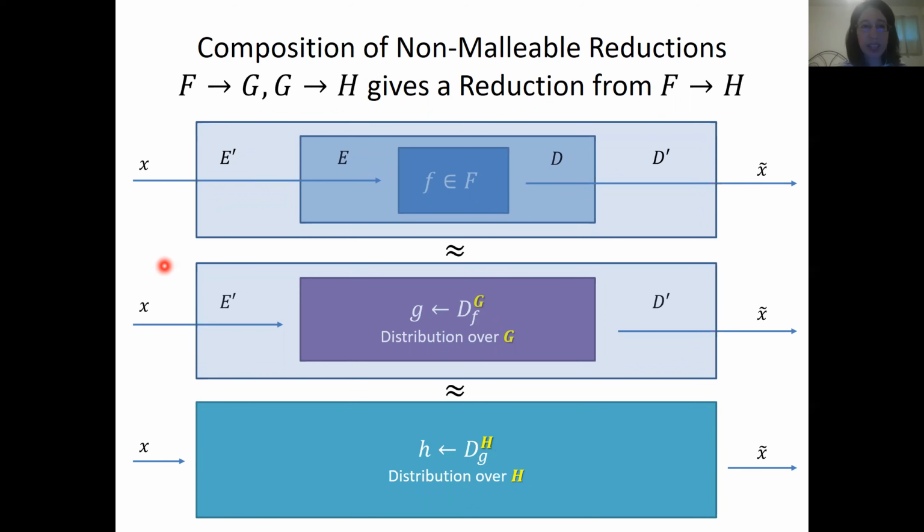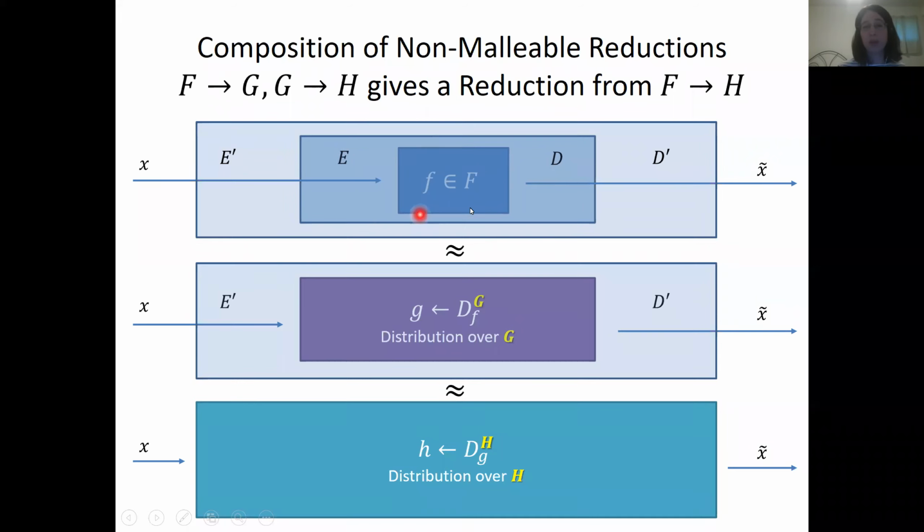So how can we see this? We can draw these boxes as before. So we start out with the real experiment over here, just with the encode and decode functions composed. And now we can replace the first blue box.